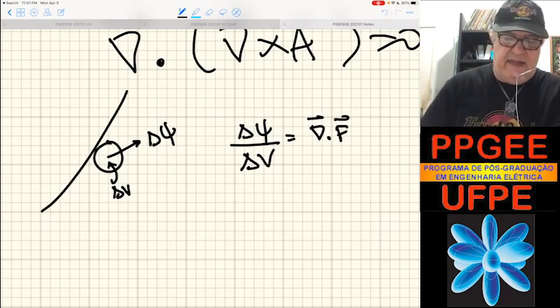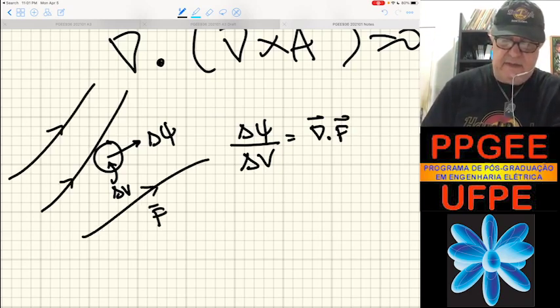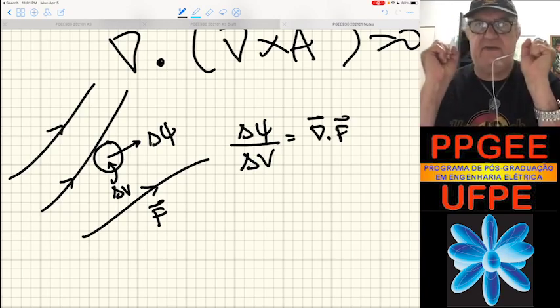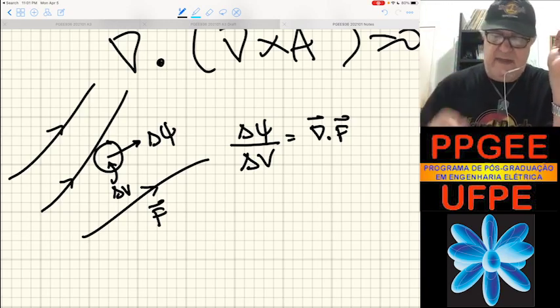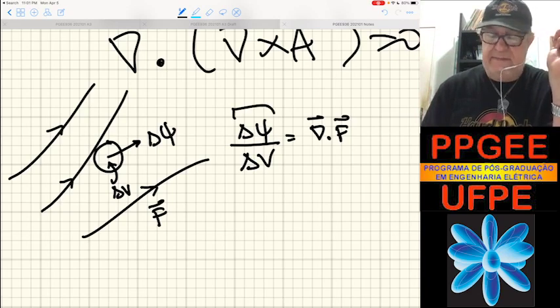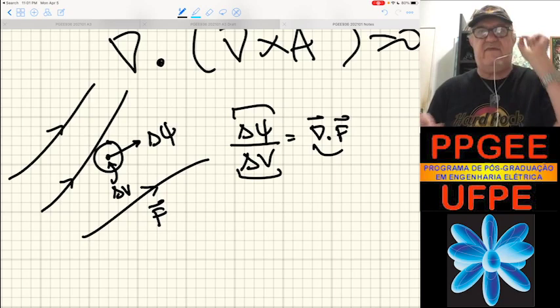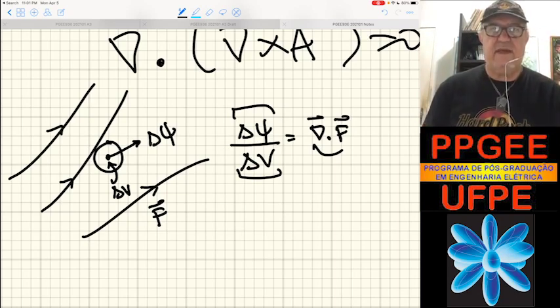So I have a field that permeates space. Then you go over a volume and calculate the microflux that comes outwards, right? Let's call it delta psi. Divide by delta V, and you have the divergence in the middle of the volume, right?